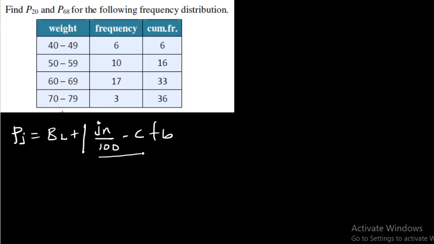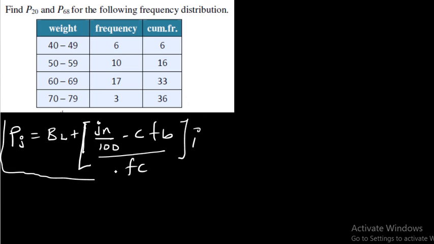First of all, let's state the formula again: Pj is equal to BL plus, in big bracket, jn over 100 minus CFB, the whole over FC, multiplied by I. From the formula, we need to find every input. What are the components? Our focus is to get those.